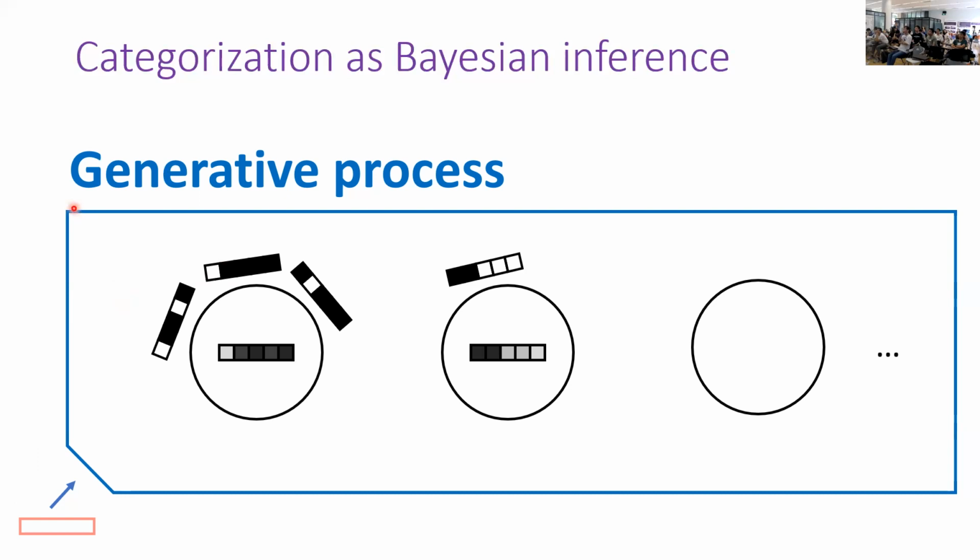We could start from no stimulus here, but it's equally instructive to consider, as before, how we can generate a new stimulus. There are two possibilities. As we know, one possibility is that we generate a stimulus from an existing table, or an existing category.